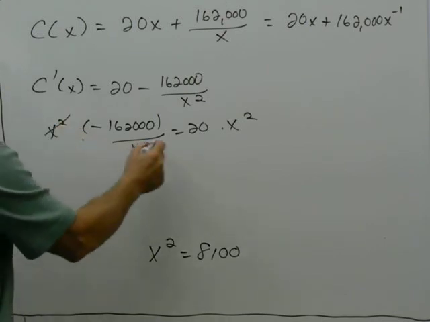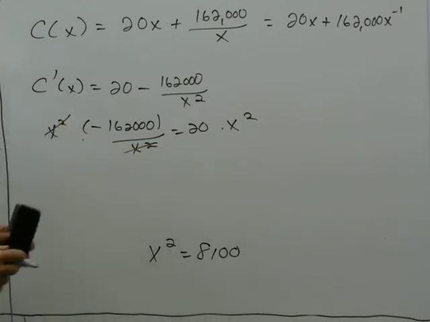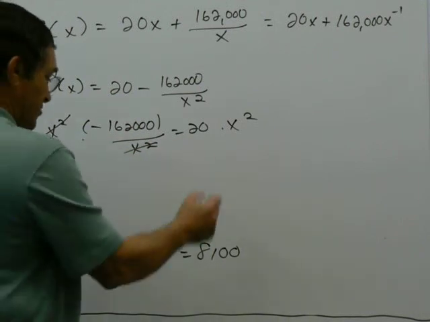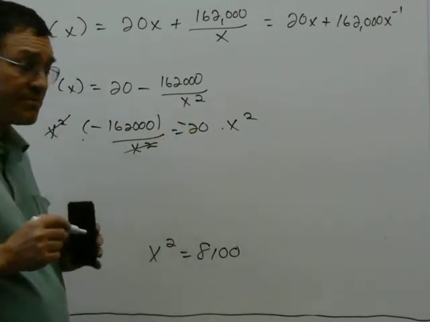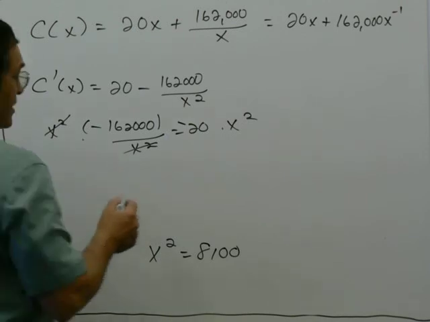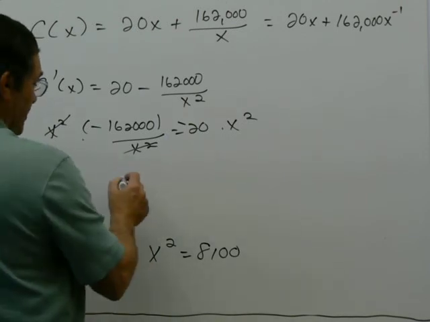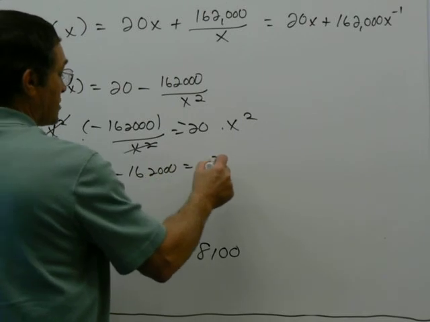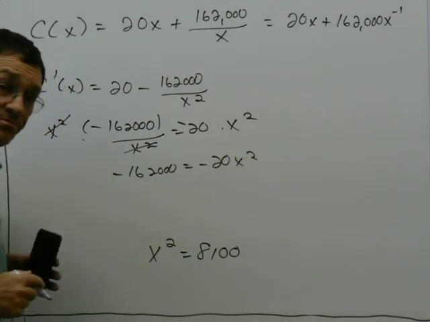That causes the x squared here and the x squared here to cancel, and that leaves you with negative 162,000 equal to, when I add negative 20 to both sides, negative 20 times x squared.